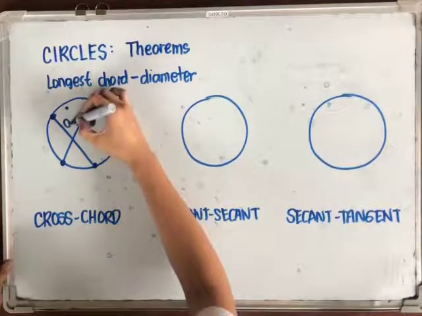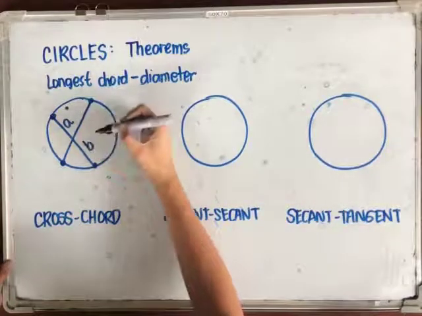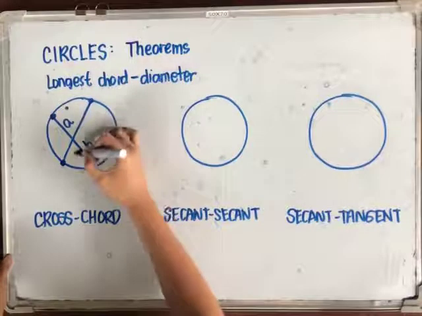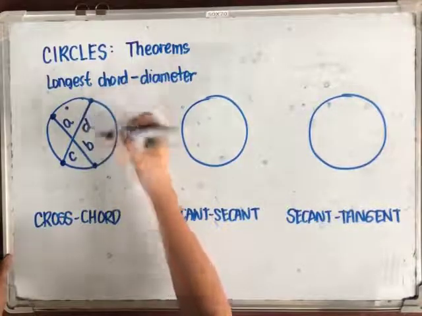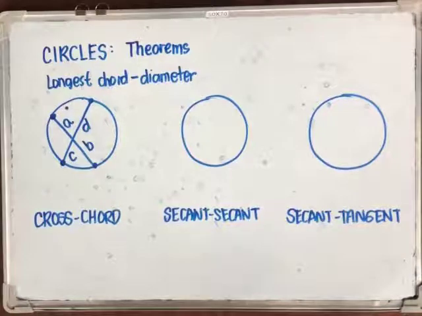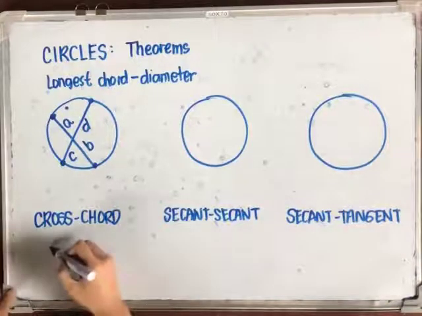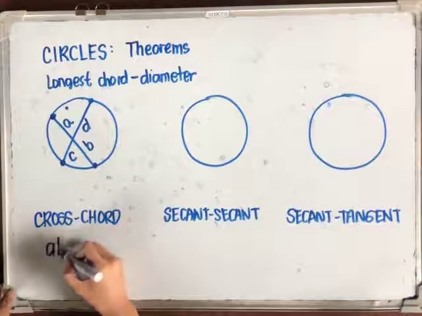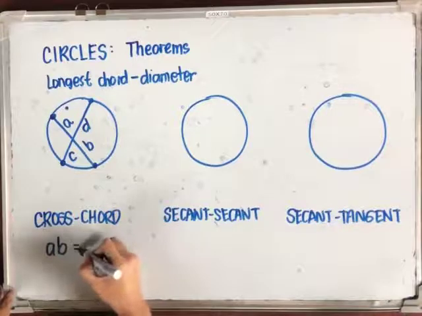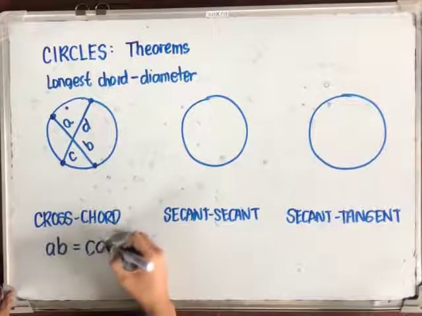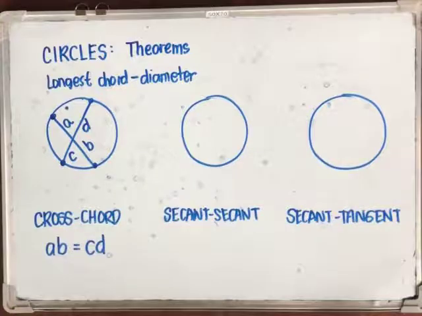Halimbawa, itong part na to ng chord is A, ito naman is C, ito naman is B, ito naman C, ito naman ang B. So, ang important characteristic daw nito is that when you multiply A times B, dapat equal daw yan kay C times D. Yan ang sinasabi ng cross-chord theorem natin. A times B is equal to C times D. Okay?